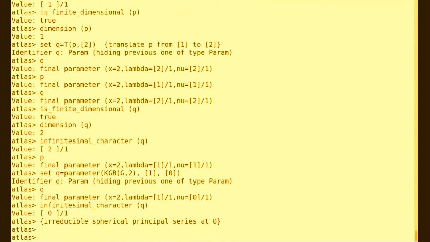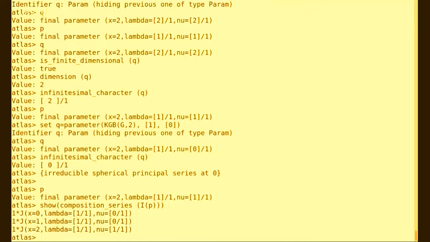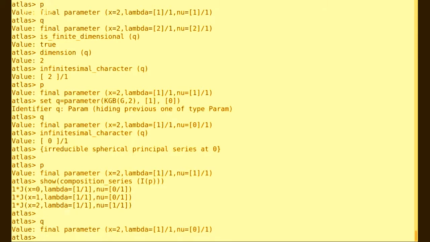Okay, so I should pause there and emphasize. Let me say again what I'm trying to illustrate. P is the trivial representation, and if I show the composition series of the corresponding standard module, it has 3 factors. Q is similar.